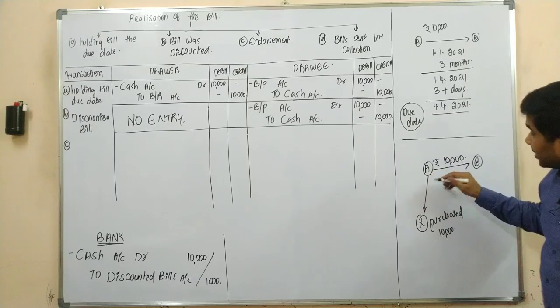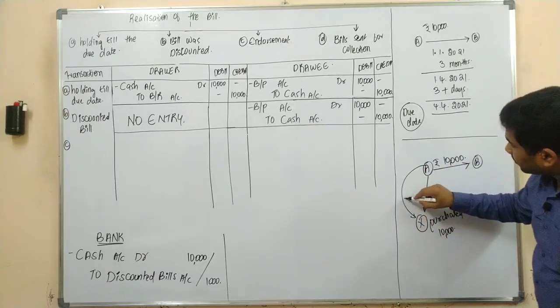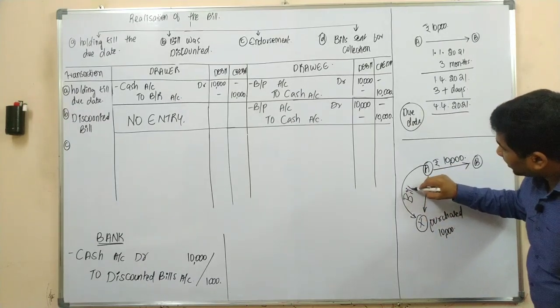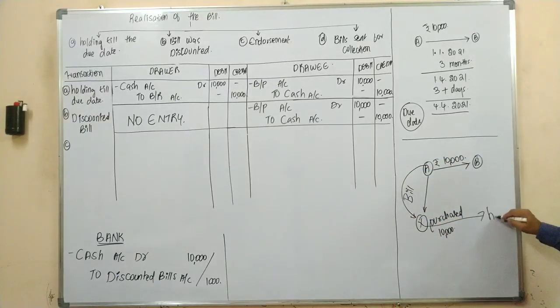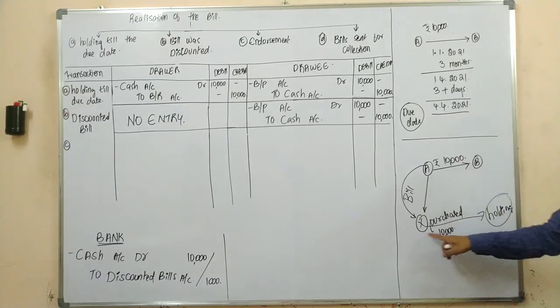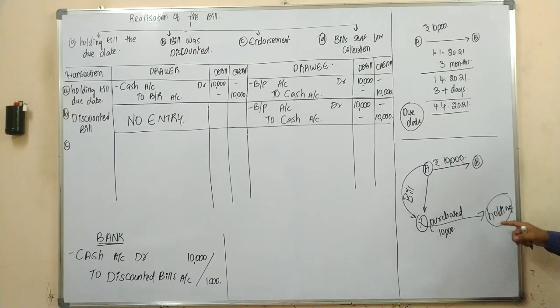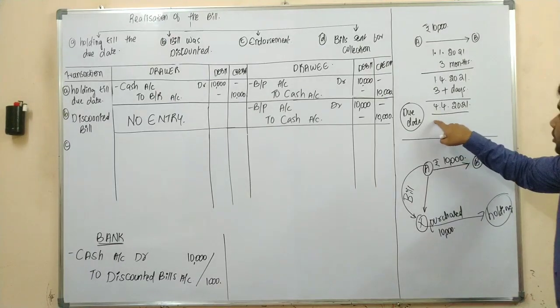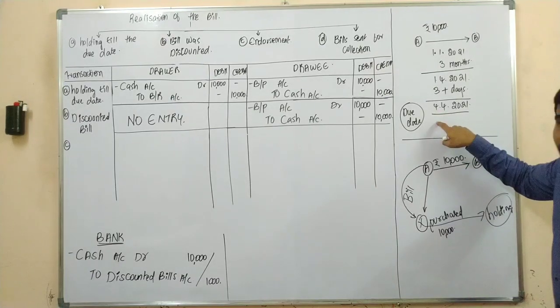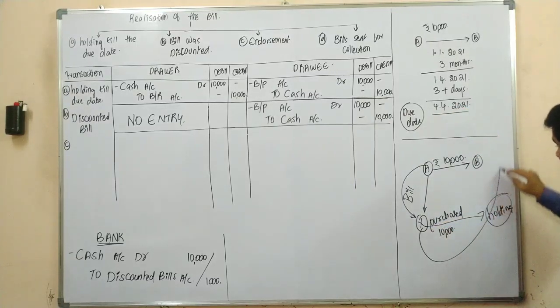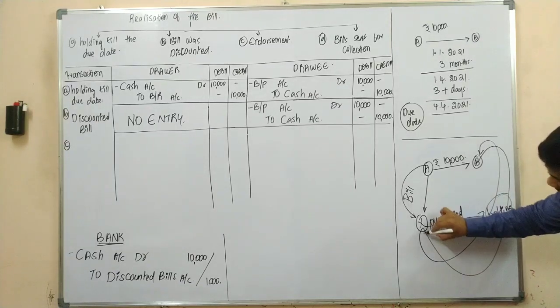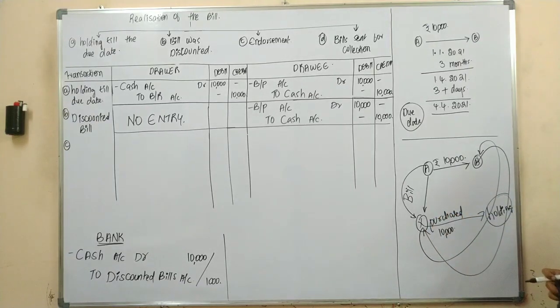Mr. A is giving the bill. So he is transferring the bill to Mr. X. Now, who is holding the bill? Mr. X is holding the bill. So on the due date, that means on the due date of 4/4/2021, Mr. X would be approaching Mr. B and Mr. B would be paying to Mr. X. Yes or no?